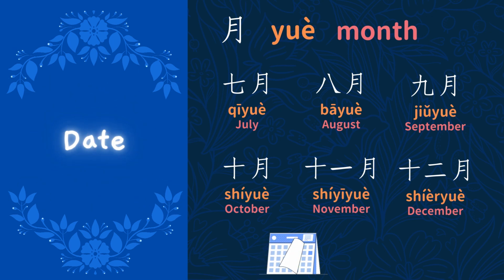October, 十月. November, 十一月. And then December, 十二月.